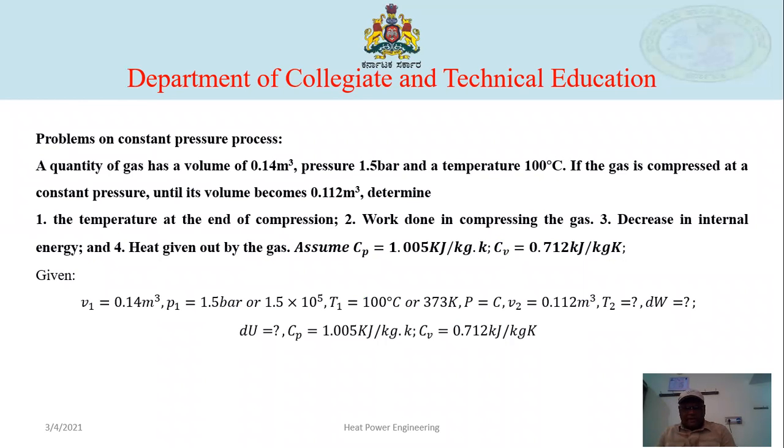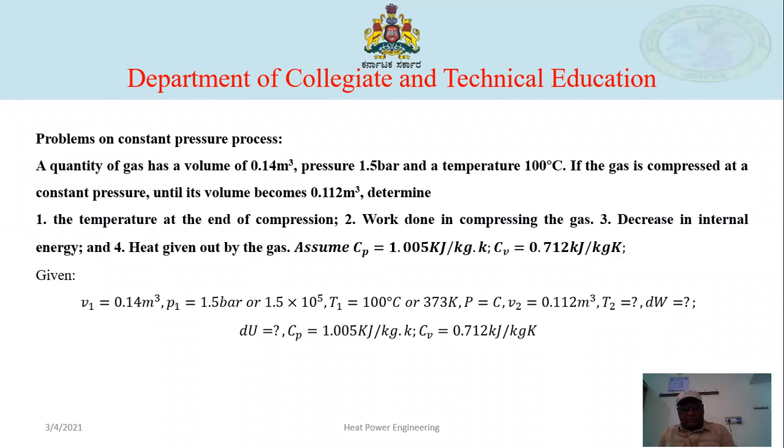Well, if the gas is compressed at constant pressure until its volume becomes 0.112 meter cube, determine. Okay, the initial volume was 0.14 meter cube. The final volume is 0.112 meter cube.